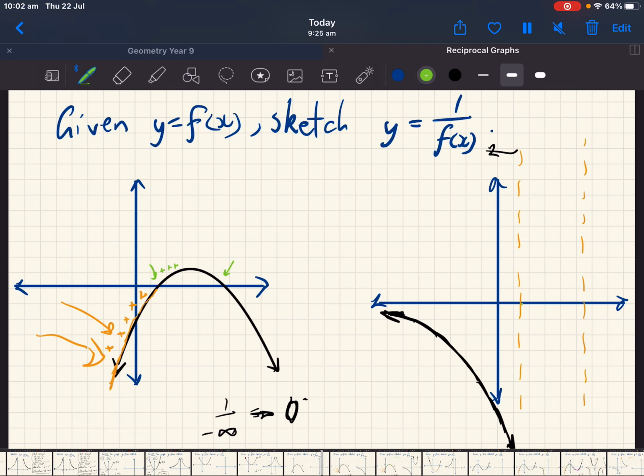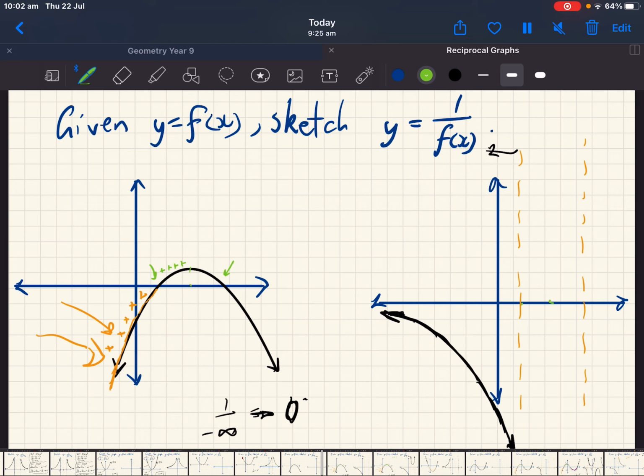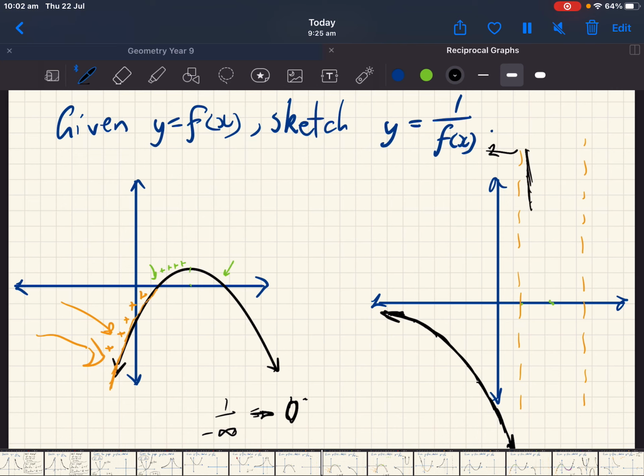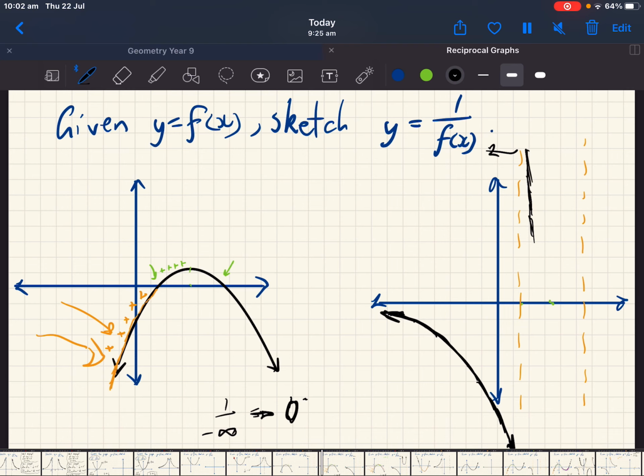you're heading up to that turning point, and f of x is increasing. It's getting larger, which means our reciprocal will need to be decreasing from that point right down to that middle value. So f of x was increasing right up to that middle point, which means the reciprocal will need to be decreasing.